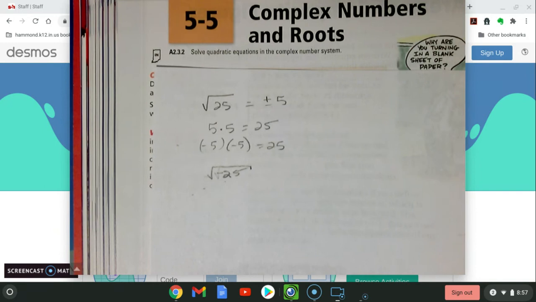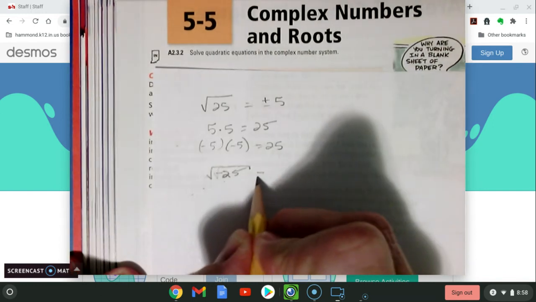So in the set of real numbers, there's no number that I can multiply by itself that gives me negative 25 for a solution. And so somewhere along the line, somebody came up with this idea that they wanted to be able to keep doing math when they ran into this particular situation. And so they had to come up with some kind of way to work around that. And so what they came up with is this.